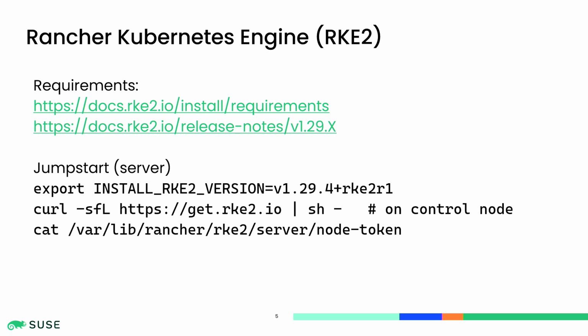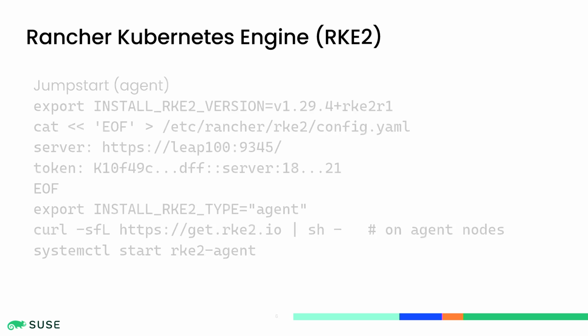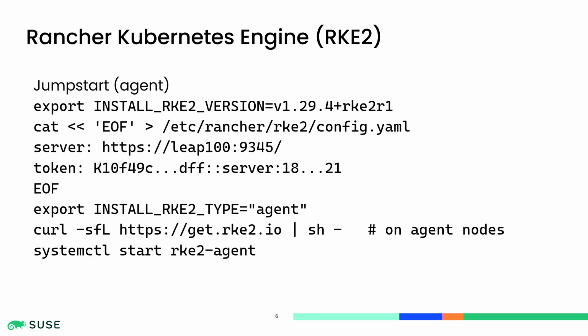Because, of course, you can start with a single node cluster. But as a cluster is a cluster, you need more than one node. So how do you get in the other nodes? Even that is easy. You say, I'd like to get that version, and you point to the installed server, put in the token, and say, I am going to install the agent.